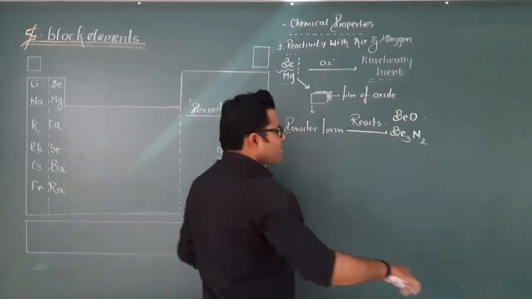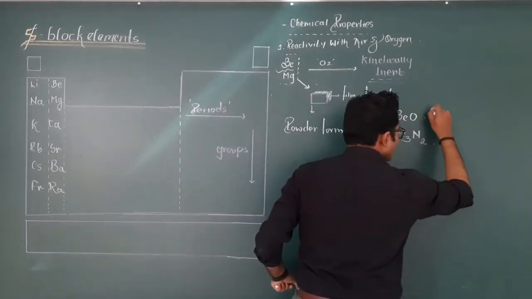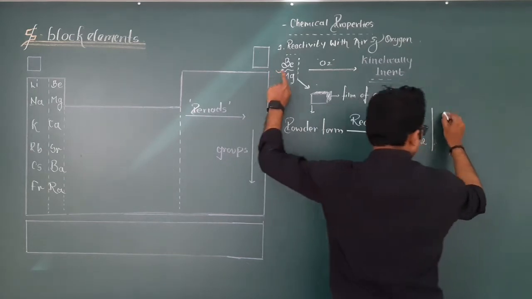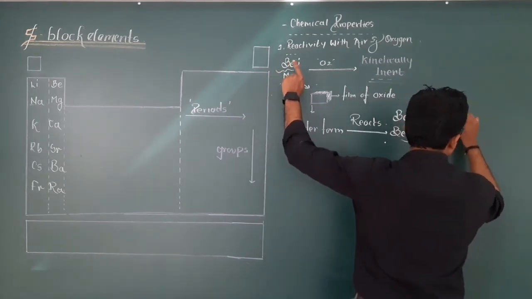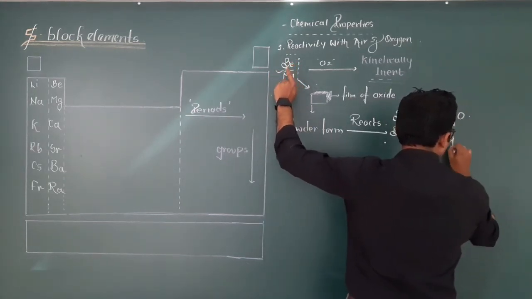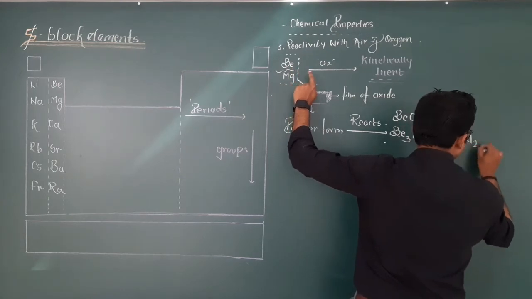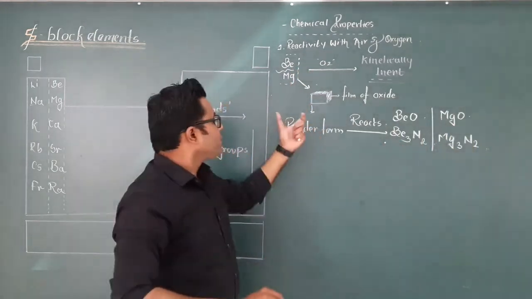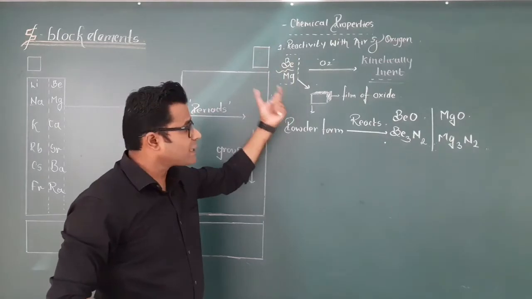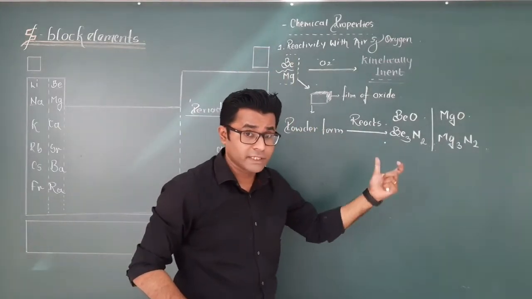So is the case with magnesium. Magnesium forms magnesium oxide as well as magnesium nitride. These are formed when we take beryllium and magnesium in their powdered state.